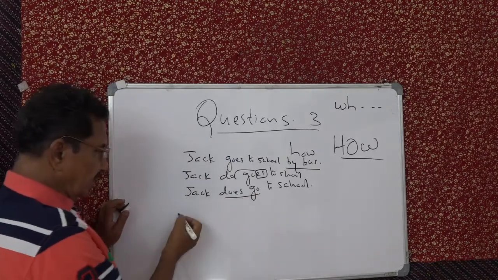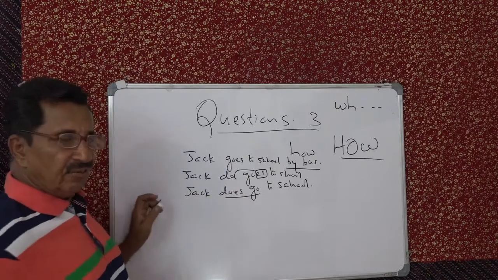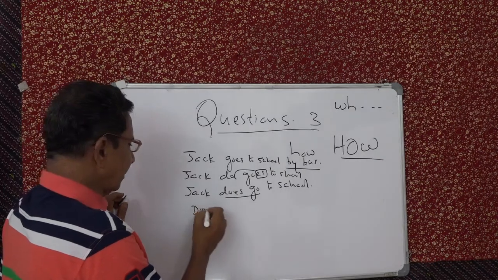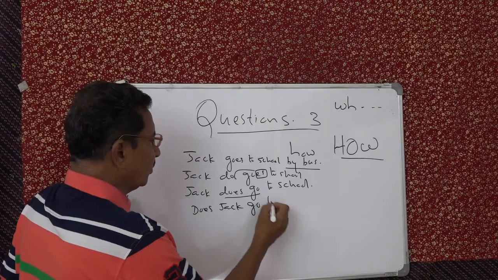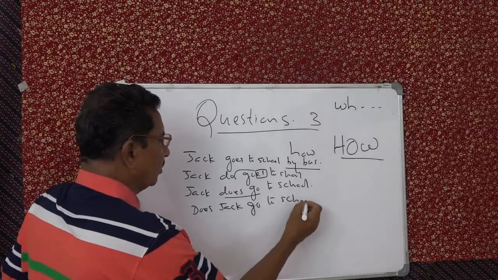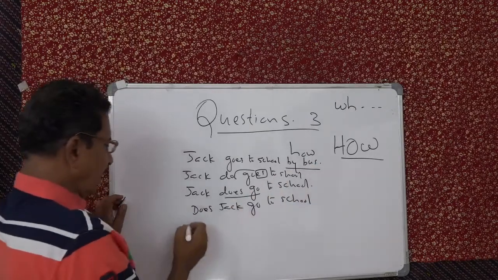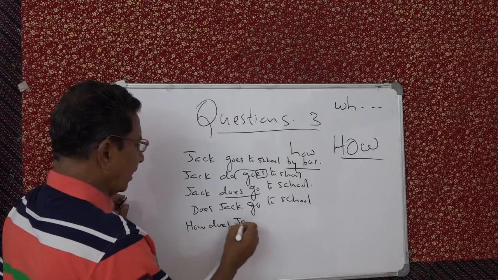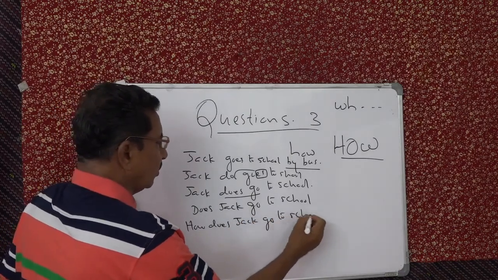First part you should do inversion, changing the position of the subject. Then, does Jack go to school? We have got that. And the question back: how does Jack go to school?